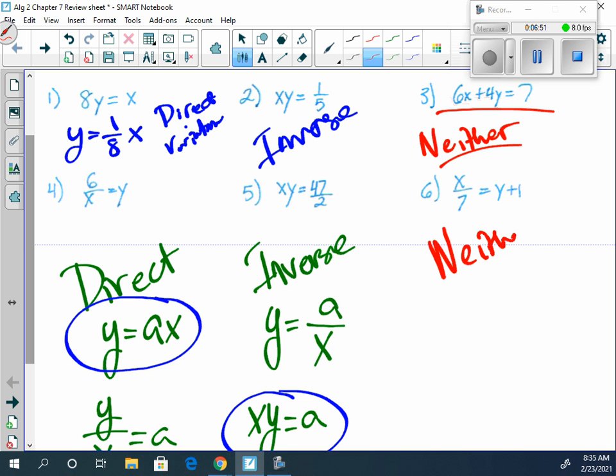It's going to be neither as well, because we have this addition of y plus 1. So it's not going to be direct or inverse variation. So we have that there. So any other questions on 1 through 6?